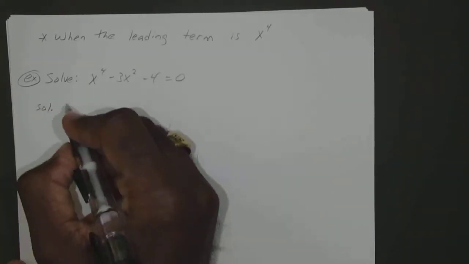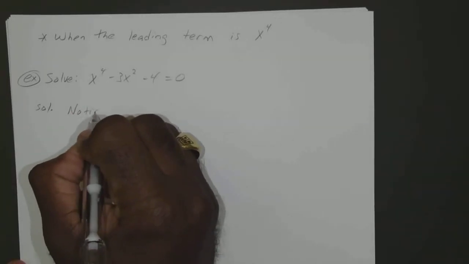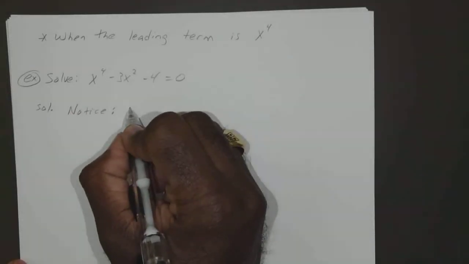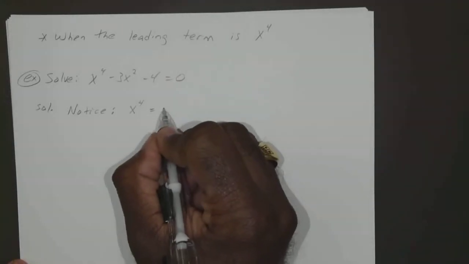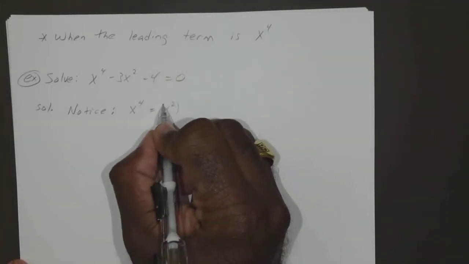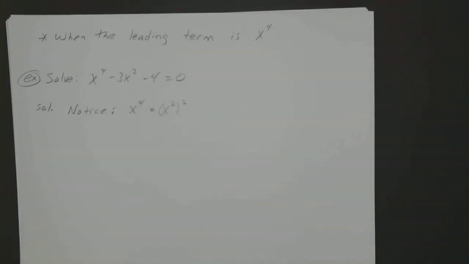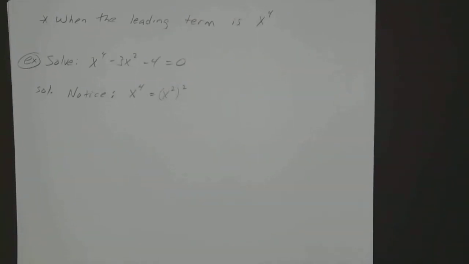Okay. So for this one, the first thing you want to notice is that x to the fourth power is equal to x squared squared. Okay.